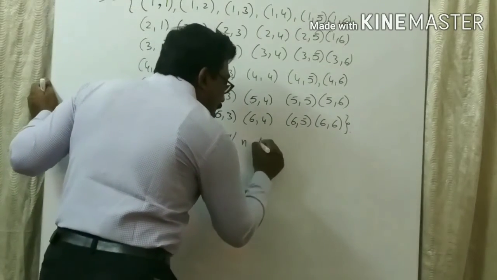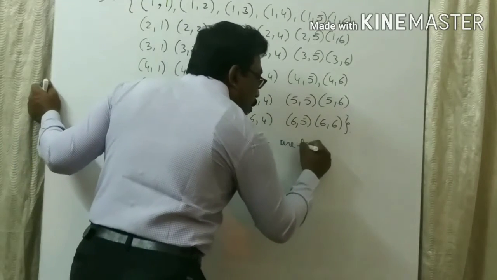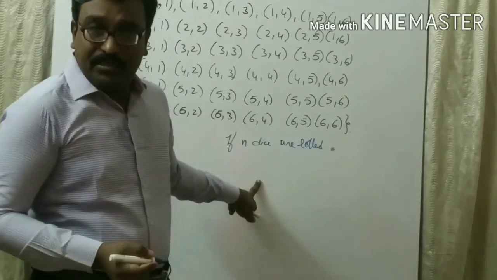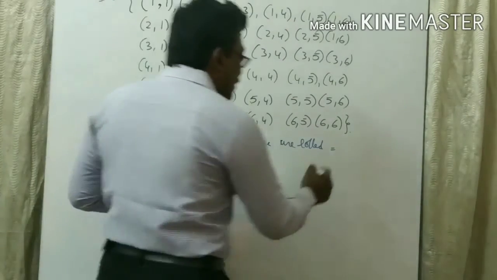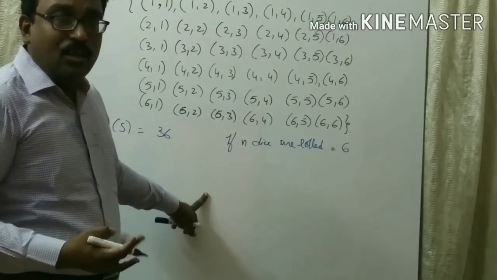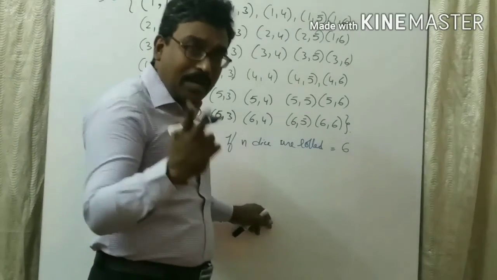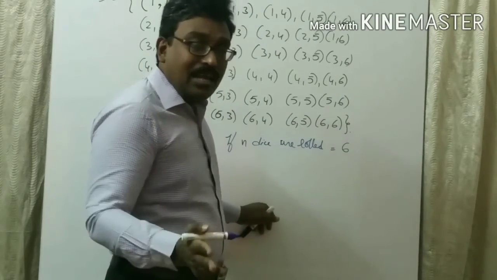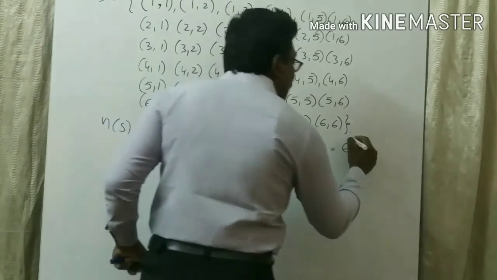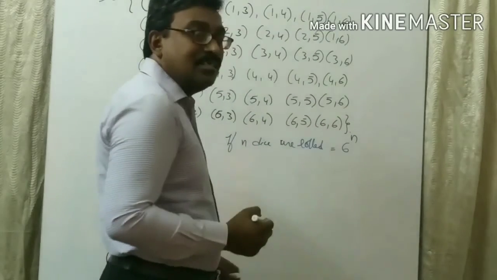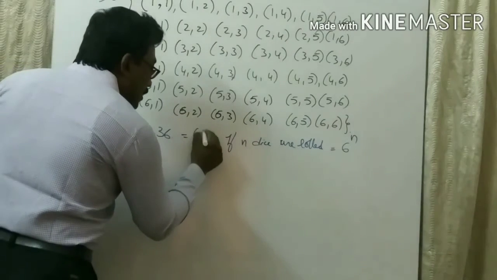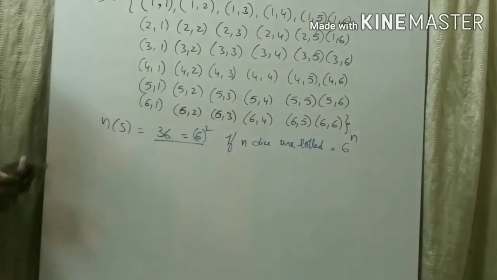If n dice are rolled, a die has 6 faces, and the number of dice rolled simultaneously, 2 dice simultaneously or 1 die rolled twice, 3 dice simultaneously or a die rolled 3 times. Like that, if n dice are rolled, the number of sample spaces is 6 power n. Here 2 dice, 6 squared is 36.